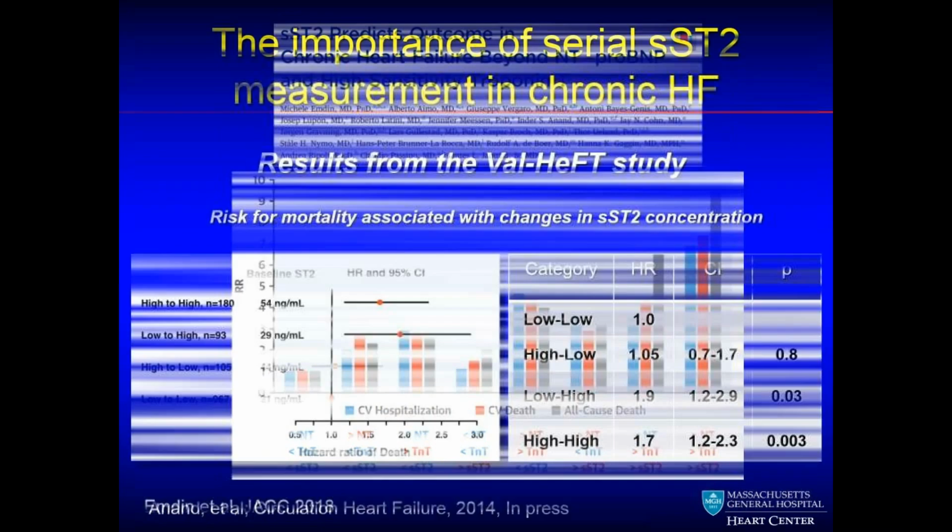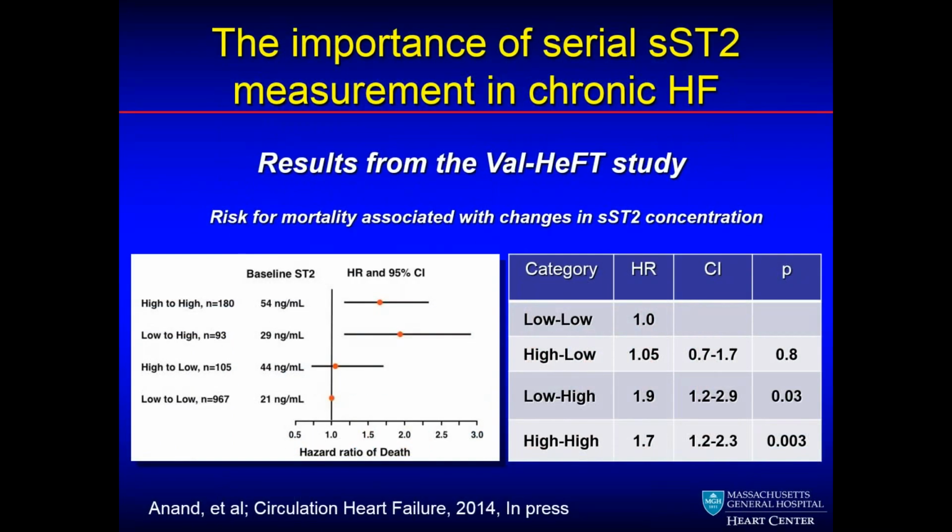So we come back now to the question of why the VALHEFT study did not show value using the baseline value. In part, the reason has to do with the fact that the ST2 concentrations in VALHEFT changed quite substantially after randomization to valsartan.